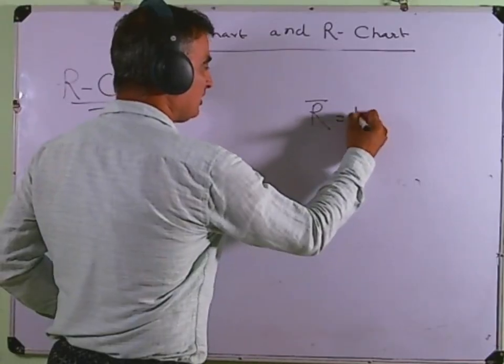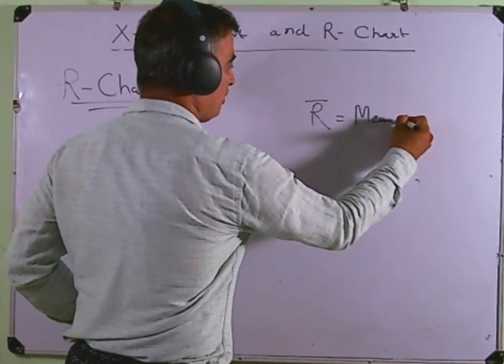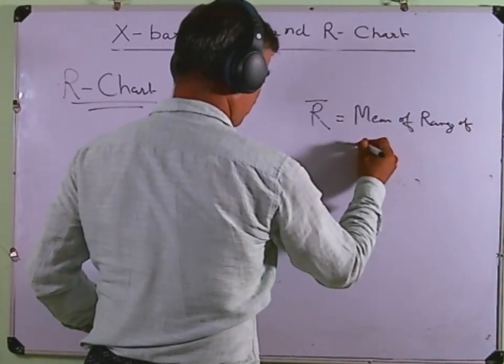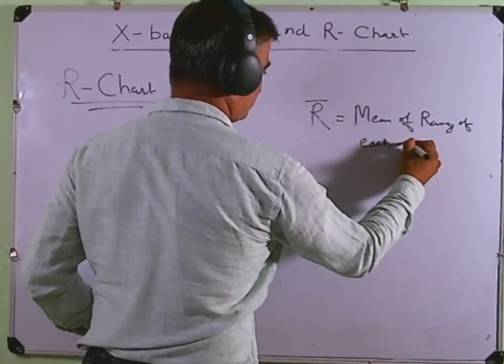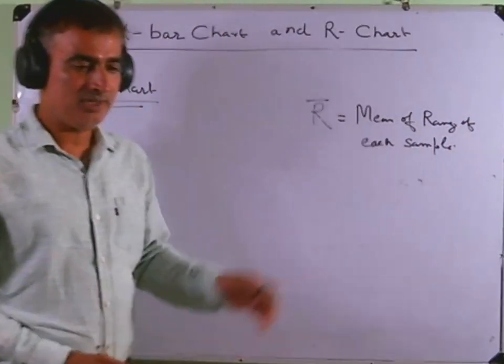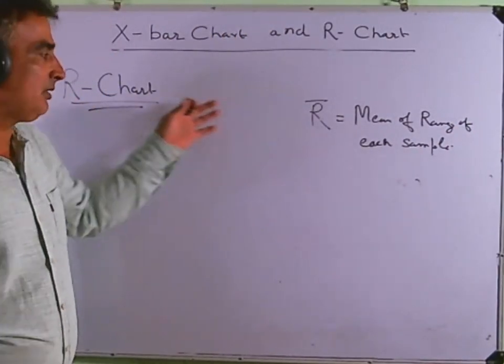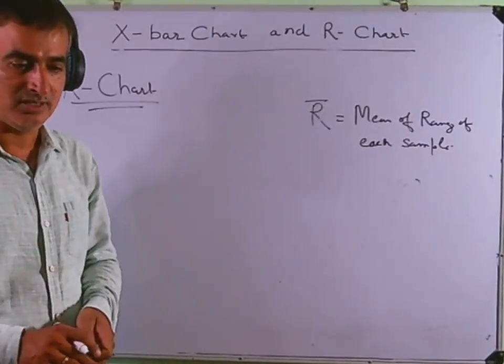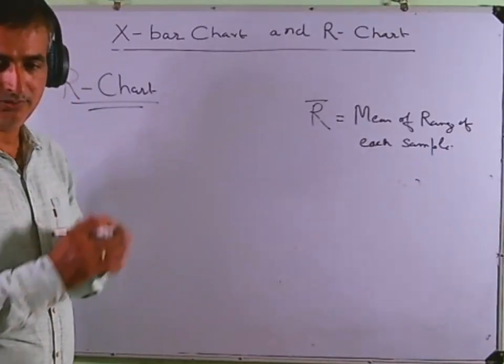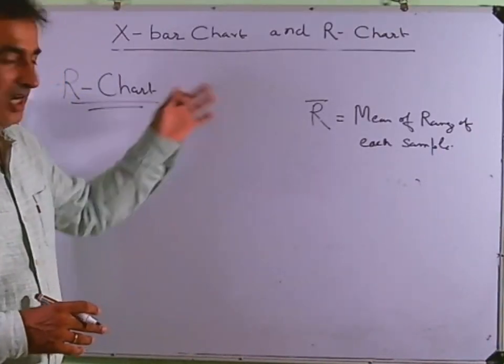So R bar is the mean of the range of each sample. Now, when the mean is known, we'll be calculating the standard deviation to find out the upper and lower limit of the chart.